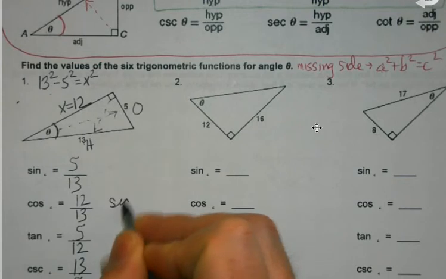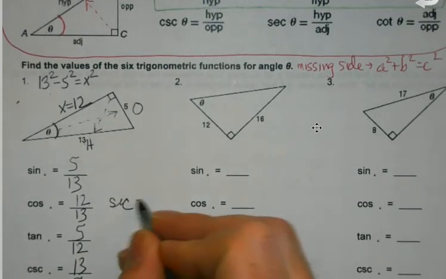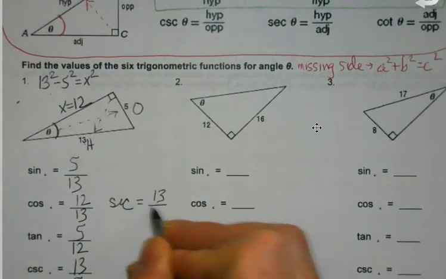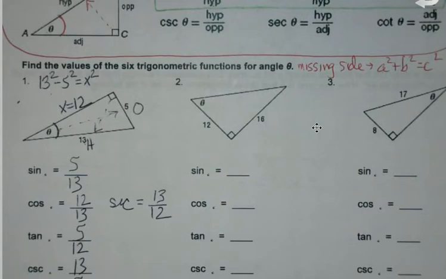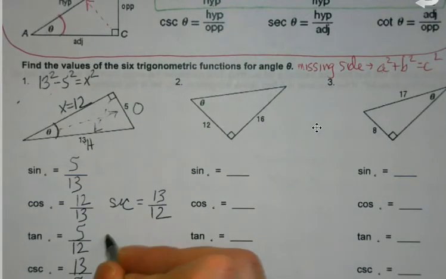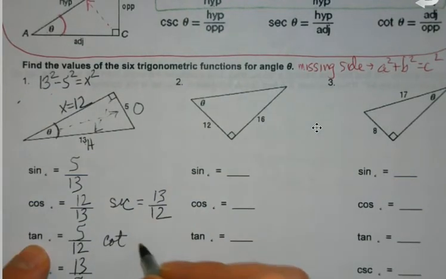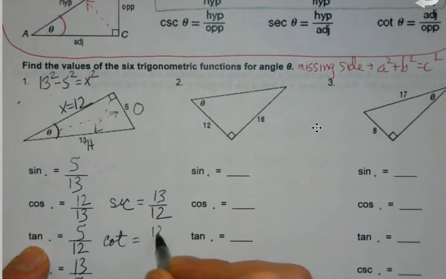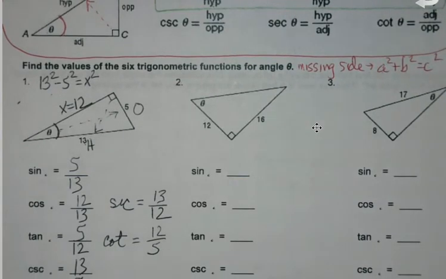If I want to find secant, once I know cosine, I just flip it over. If I want cotangent, I take tangent and flip it over. So if you can get the original three, the other three shouldn't be anything too bad at all.